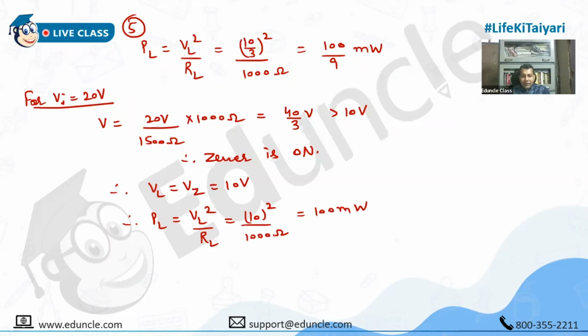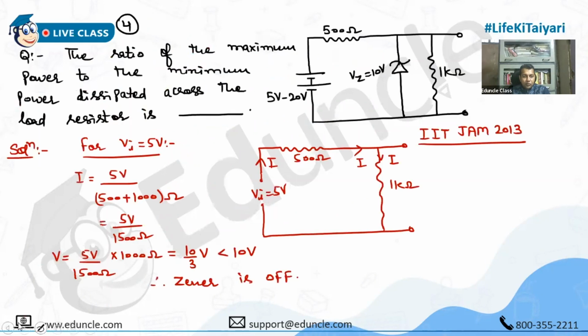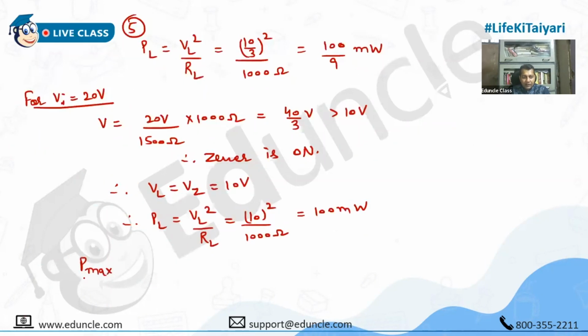So this is the max power and the upper one was the minimum one. So we have to get the ratio of maximum to minimum, so P max to P minimum.